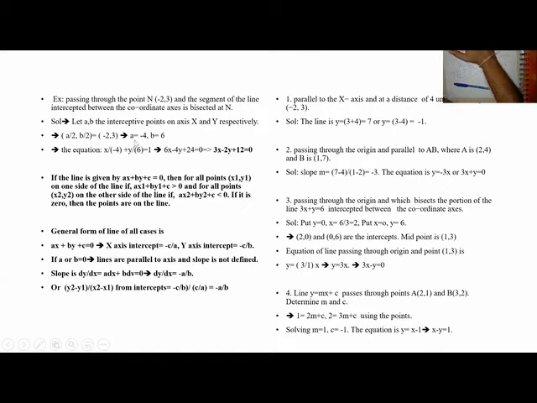In the earlier cases, x by a, y by b, a and b were the intercepts, but in the general form, minus c by a and minus c by b are the intercepts. So dy by dx is minus a by b. So these are the intercept forms.